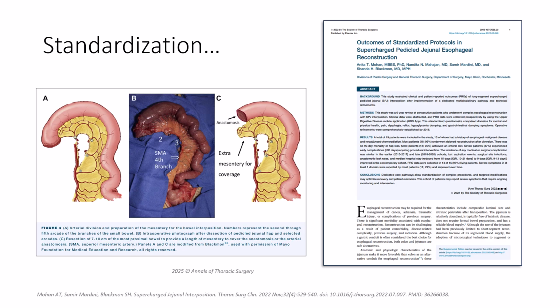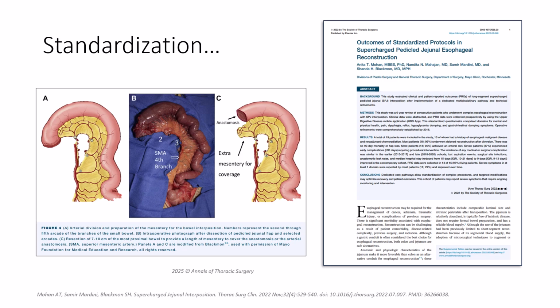This standardized process is published in the Annals of Thoracic Surgery and clearly demonstrates the arcade vessels where we use the second arcade that will be transposed and delivered to the left internal mammary artery for microvascular anastomosis.